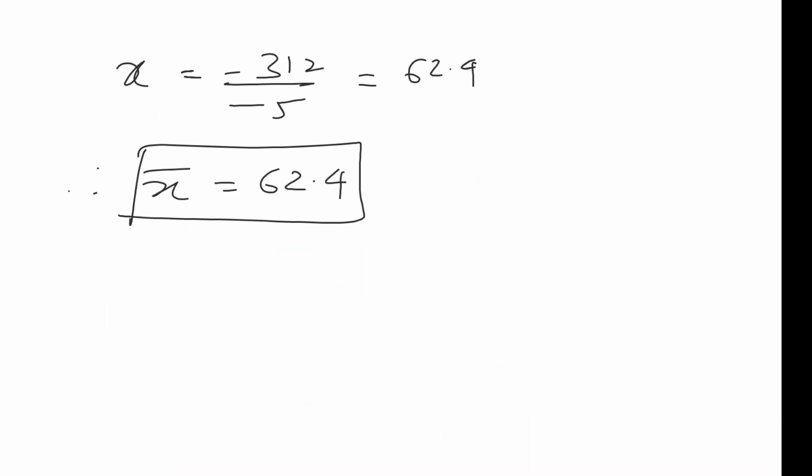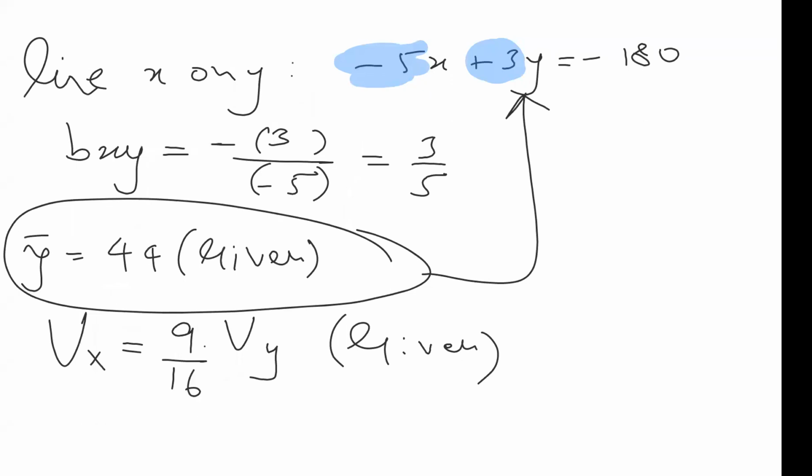Also they are asking the correlation coefficient, that is r. While calculating r, we require both regression coefficients, byx as well as bxy. But unfortunately we have only one regression coefficient, that is bxy.